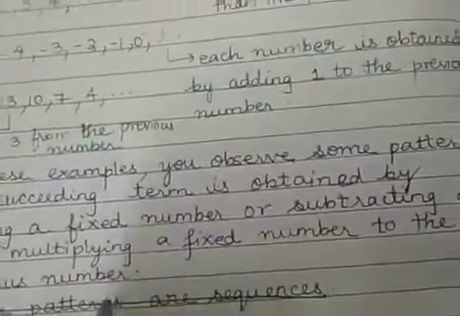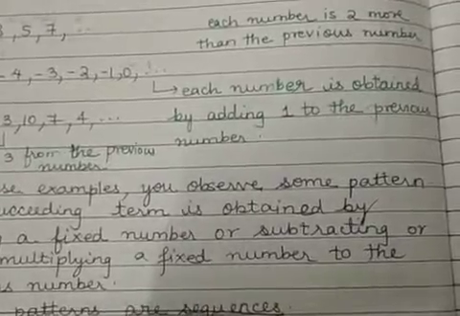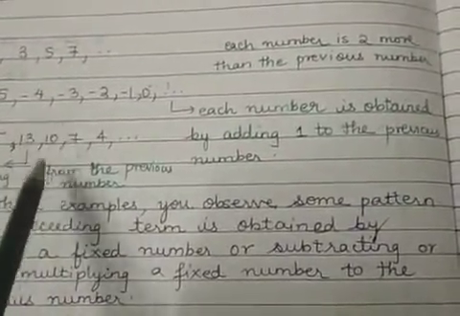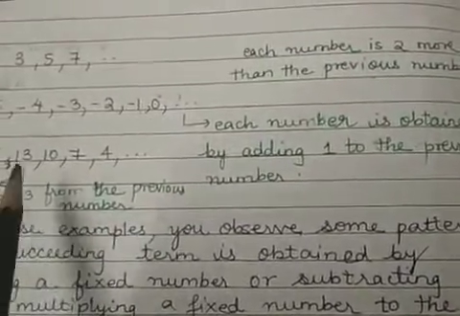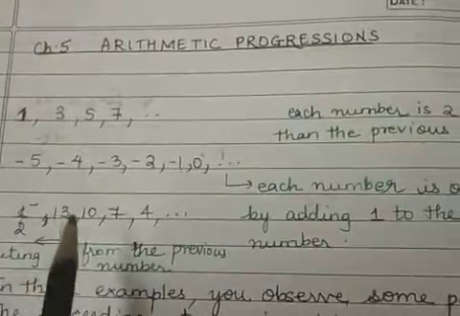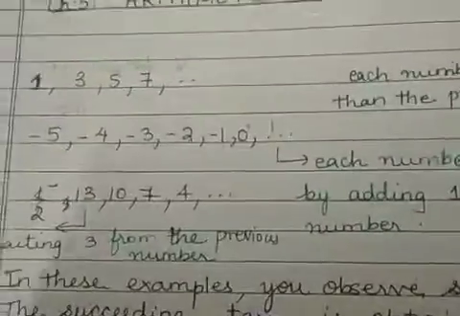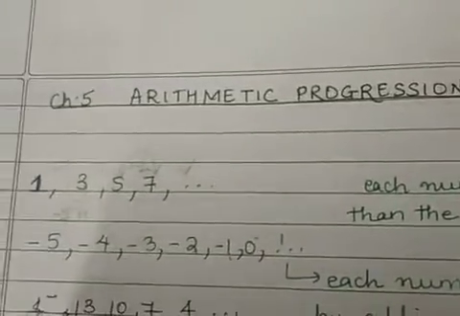So in each of these examples you must have observed some pattern. That is, the succeeding number or the number that comes next is obtained by adding or subtracting a fixed number, or sometimes it may even be multiplying. We have taken only cases of addition and subtraction.